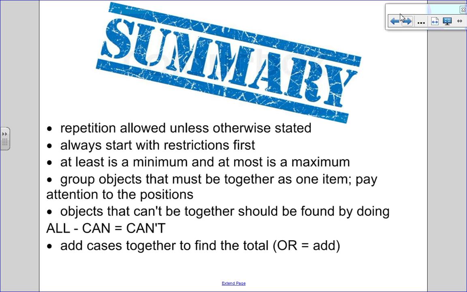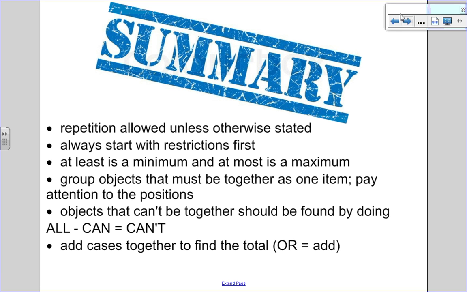Okay, so to summarize part 1 of our lesson, repetition always allowed unless otherwise stated. Always start with your restrictions first, and that's what I'm doing by labeling underneath all my dashes. At least is a minimum, at most is a maximum. We didn't do an at most question in the notes, but there is one in your practice questions.